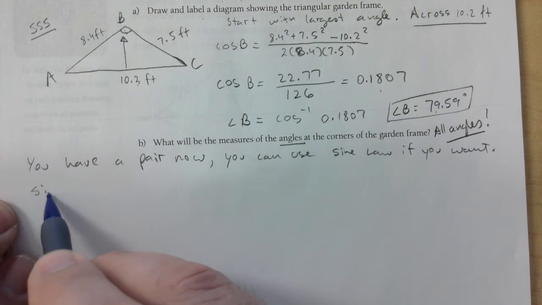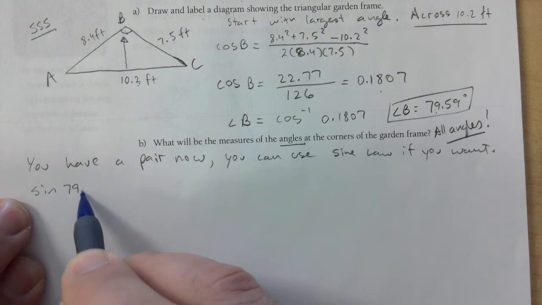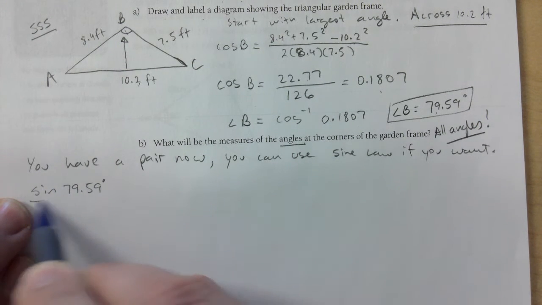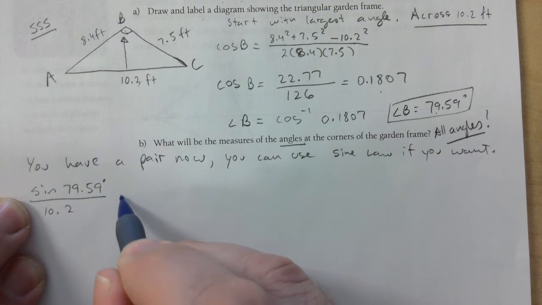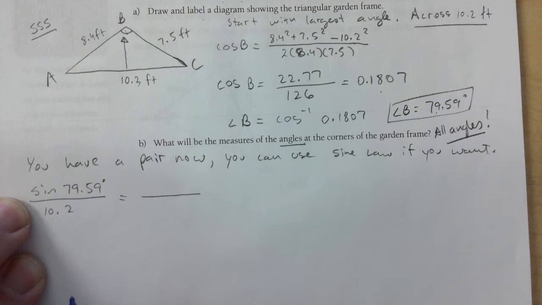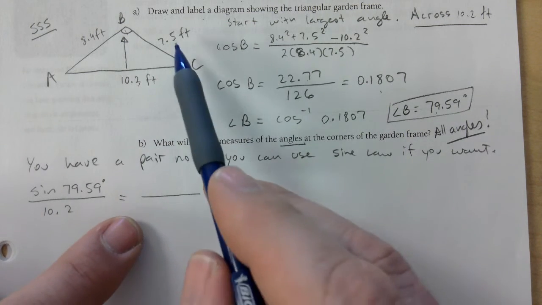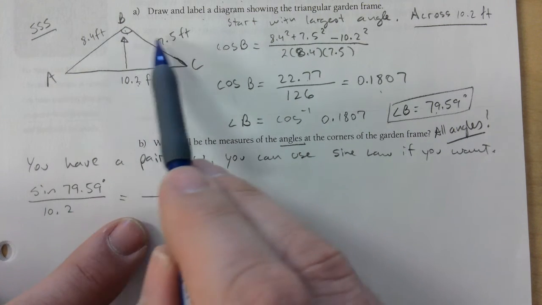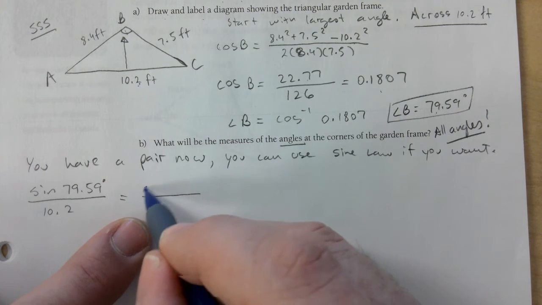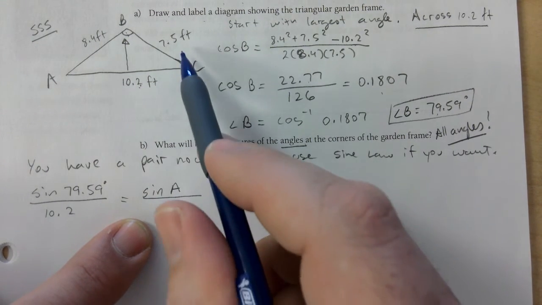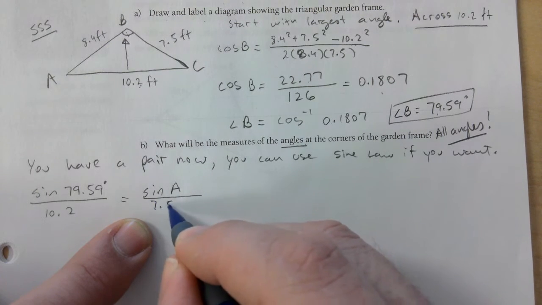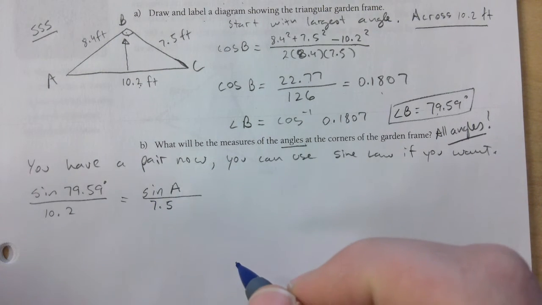So sine of 79.59 over the side that's across from it is equal to, which one do you want to find? If you want to find A, that's fine. You've got to use sine of A over the side that's across from it, which is 7.5.